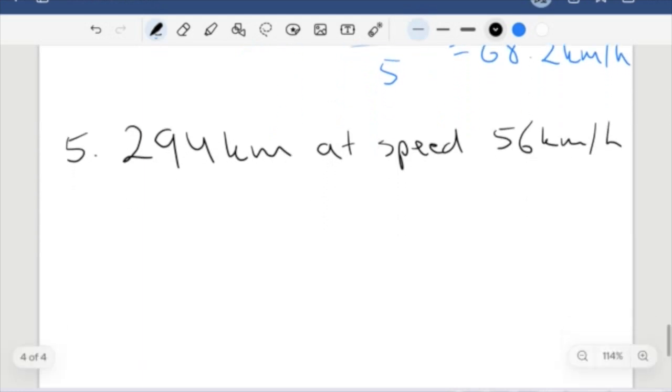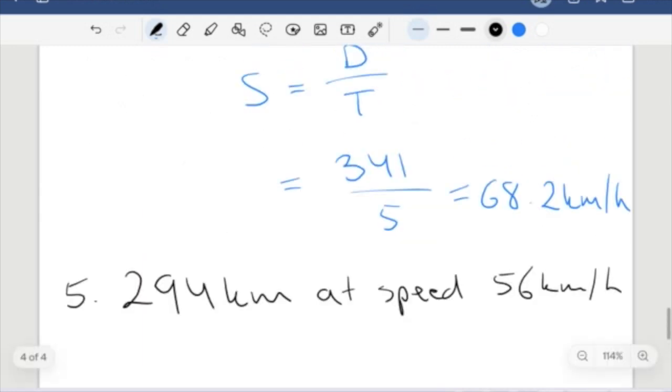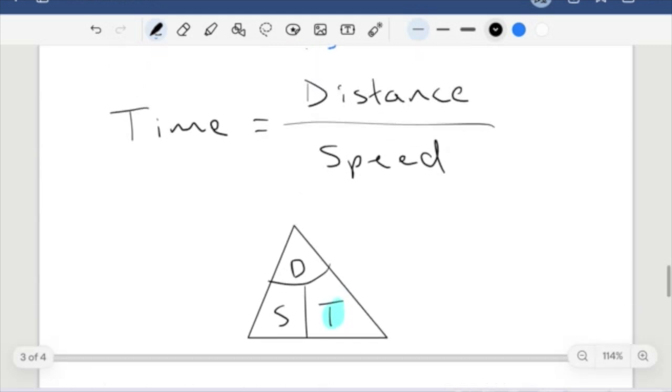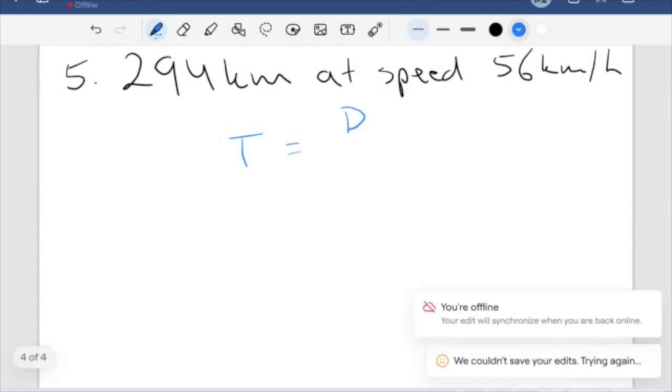So this time our quantities given are the distance and the speed, and we are trying to find the time. So if we remember our formulas up here, we can get our time by taking our distance and dividing it by the speed. So I can write T is equal to D over S.